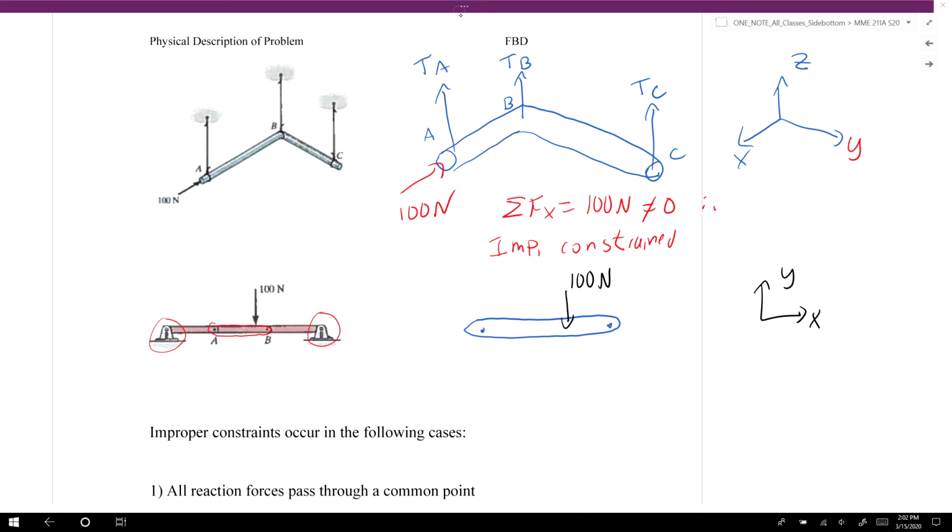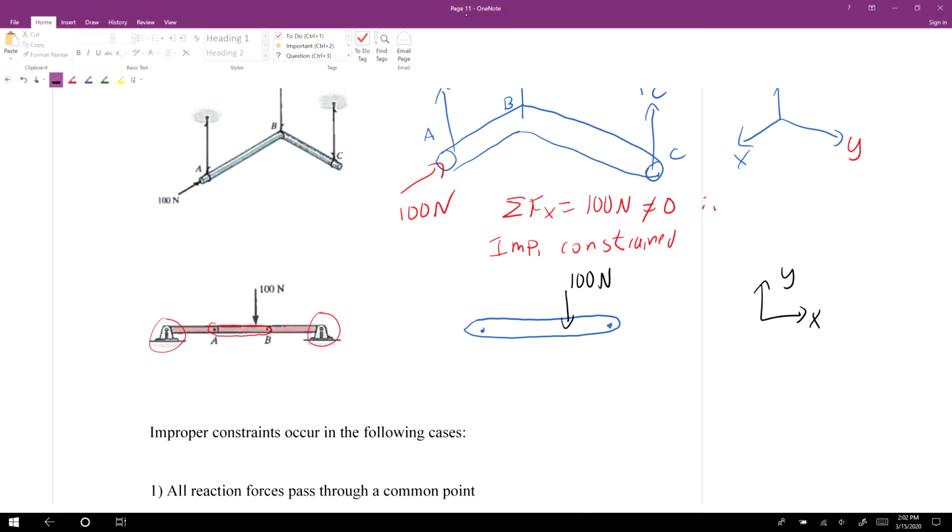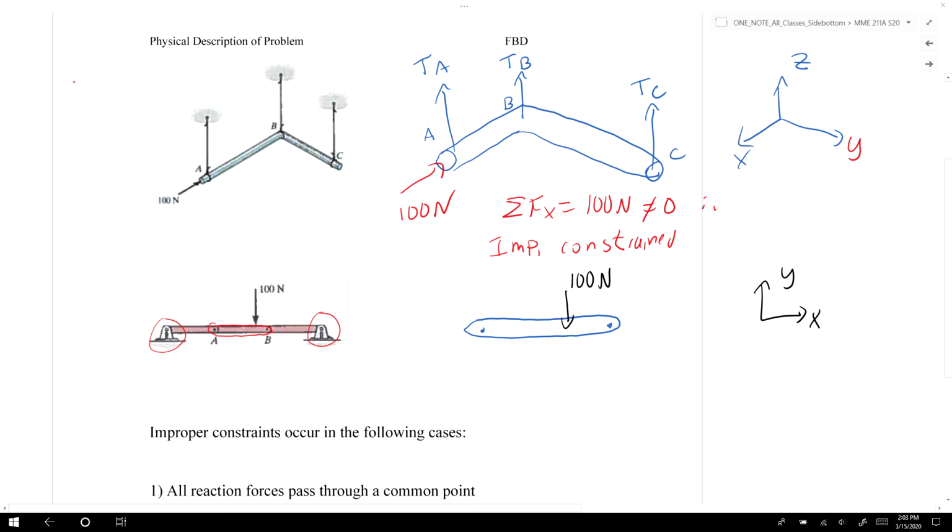And then we'll include our reaction forces. So we have a pin at A and a pin at B. So at A, we'd say AX and AY, and then at B, we would have a BX and BY.